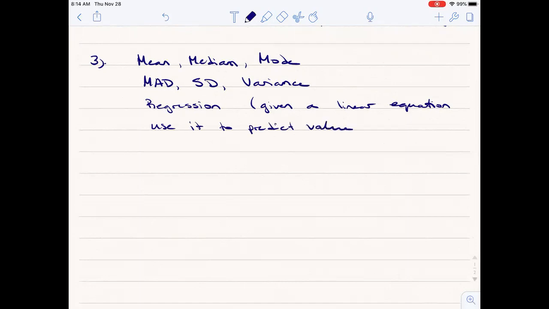I give you the linear equation and a value and ask what's the predicted y at this point. You plug it into your linear equation and that's it. And then solve.